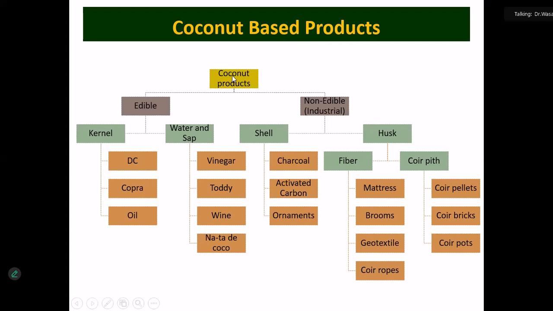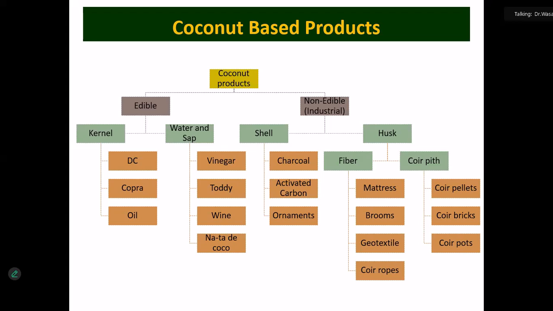Coconut products can be subdivided into two groups: edible and non-edible. Edible means it could be taken as a food item.